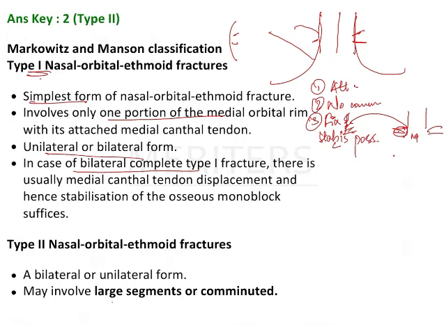Type 2 fractures again can be unilateral or bilateral, may involve large segments or could be comminuted. So in this case, you can have more than one fracture line, or the entire floor of the orbit could be in the form of multiple fragments.